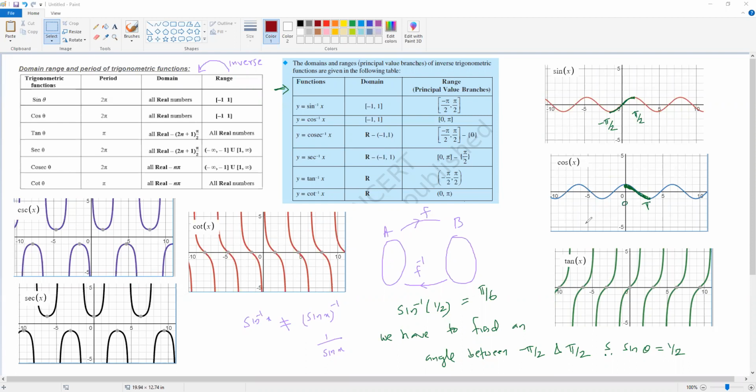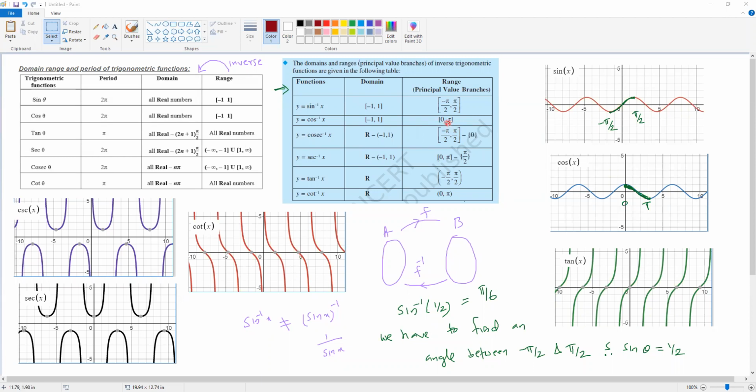That is the principal value branch. You could take pi to 2 pi also, or 2 pi to 3 pi, but universally it is accepted that the principal value branch is 0 to pi. So whenever you want to find cos inverse x, cos inverse of a particular number, you have to find the angle between 0 and pi.